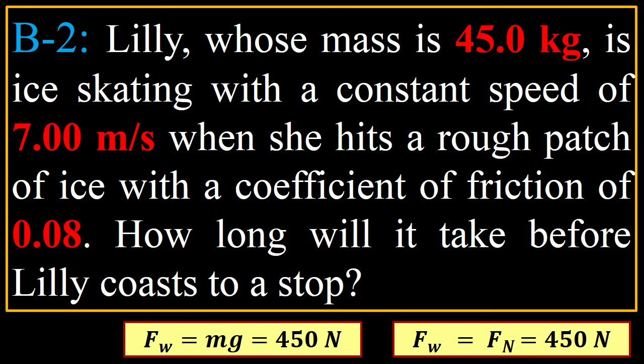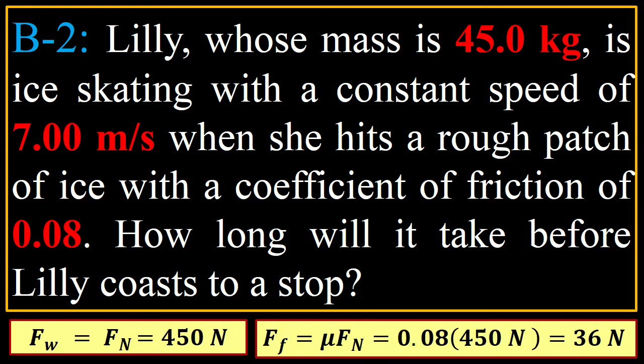She's going 7 meters per second. That's her initial velocity, and she's going to come to a stop. So what force is acting upon her to stop? Well, the friction. And how do you get the friction? Well, the friction is the coefficient of friction times Fn, and that will equal 36 newtons.